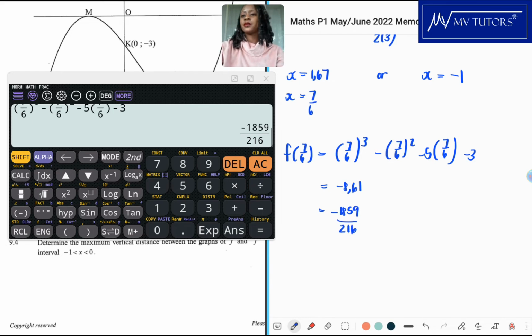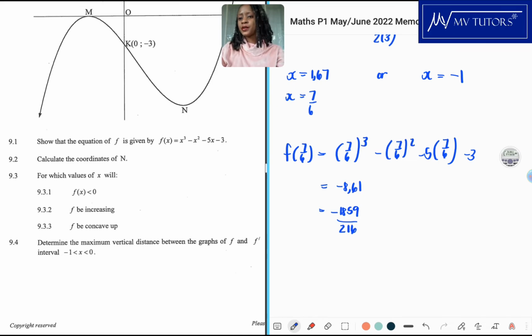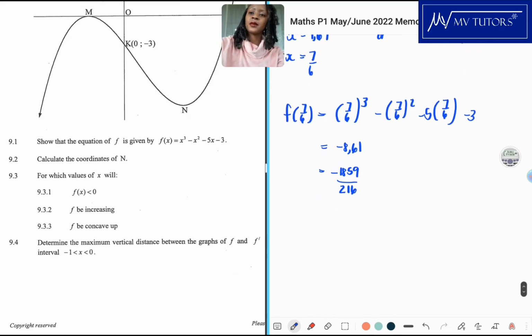It's really up to you which you use, but when I write down the coordinate of n, I'm just going to say it is 1,67 and negative 8,61 instead of using the fractions.